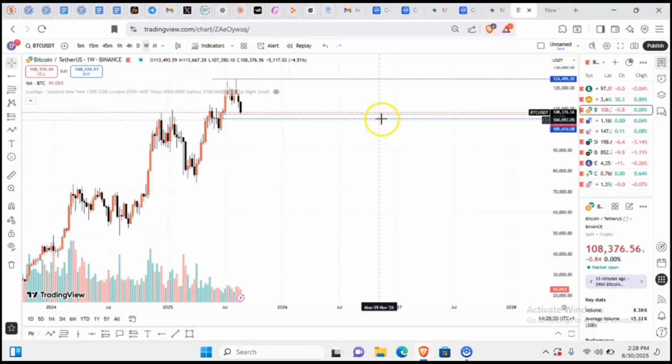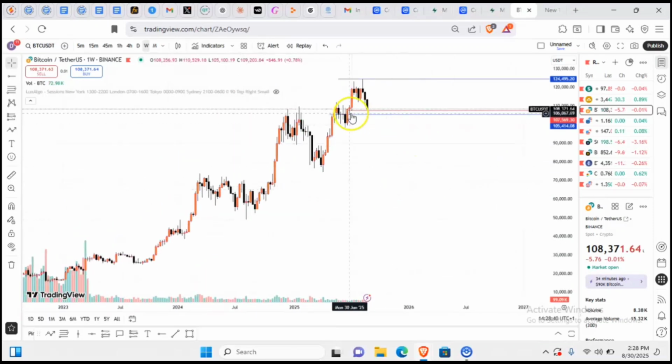So from the look of things so far, this blue line here is more or less like a protected low for the entire week. Okay, I'm not a position trader, else I can buy here right now and put my SL anywhere here, and I can ride back to the top.